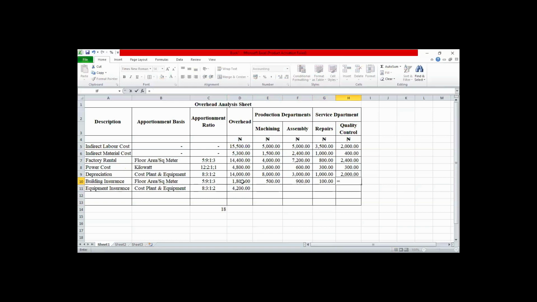The next one, I have 3 divided by 18 times 18,000. Please confirm if it is correct from your own end too. It is, sir. Correct. Let's do the last one, but not the least.